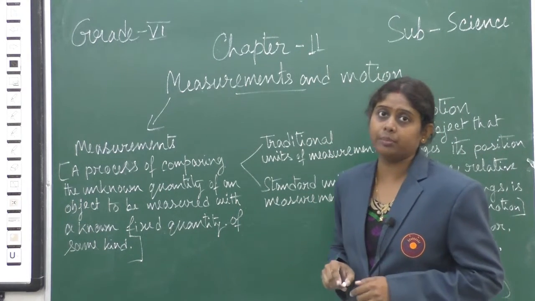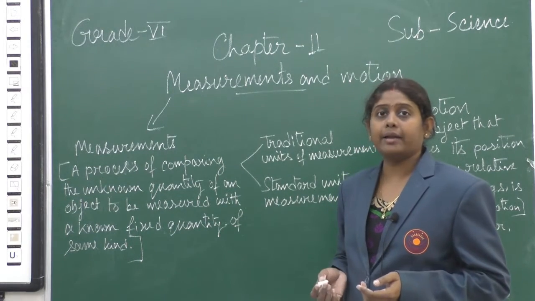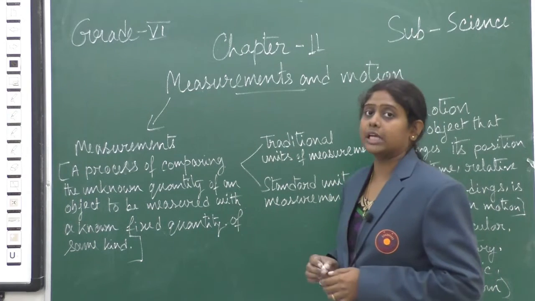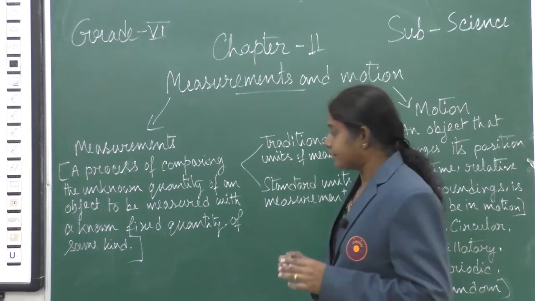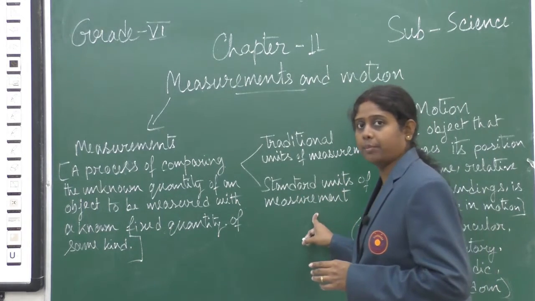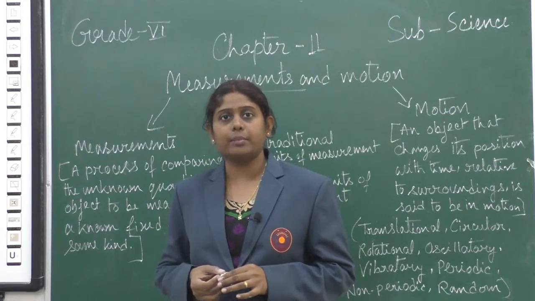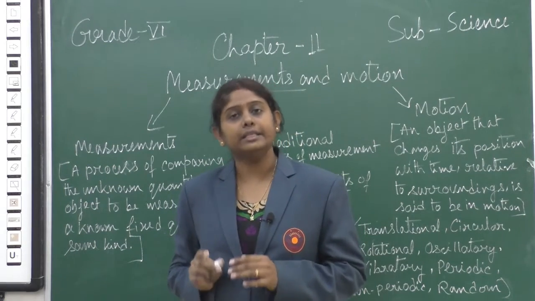Traditional units of measurement, for example, yard, cubit, hand span, foot span, etc. But all of these are not reliable and accurate. That's why we have the standard units of measurement. Now the system of standard units of measurement is SI units.